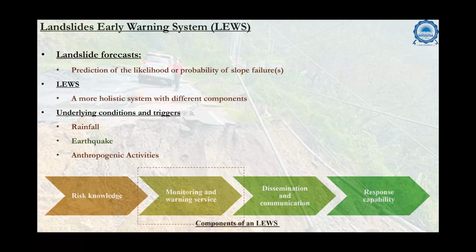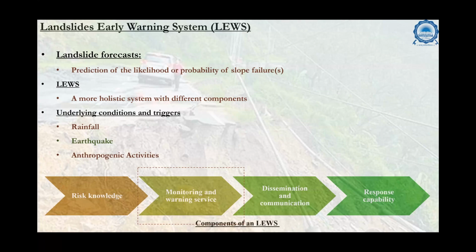As I said, we have multiple causative factors. When you want to make any kind of landslide early warning system, there are basically 4 components. One is risk knowledge, then monitoring, and then we have to disseminate this. Warning is a very tricky thing because you should have almost zero false alarms. Even if you have a few false alarms, people will lose trust in your system.